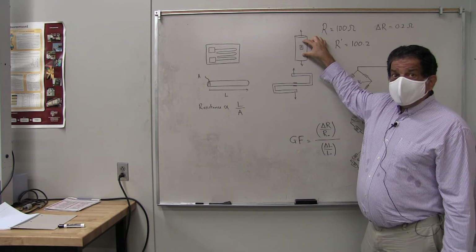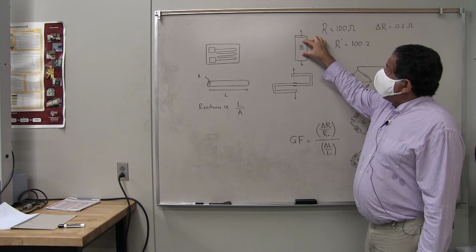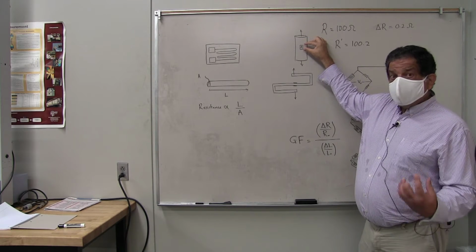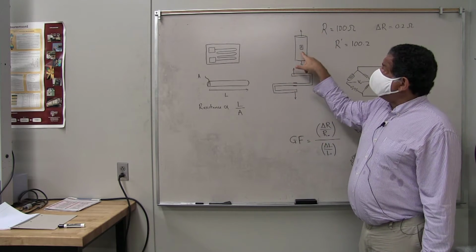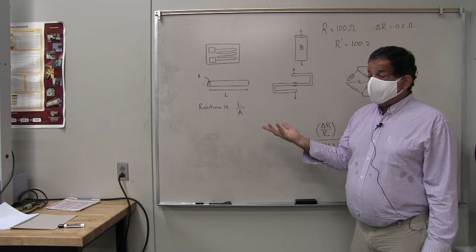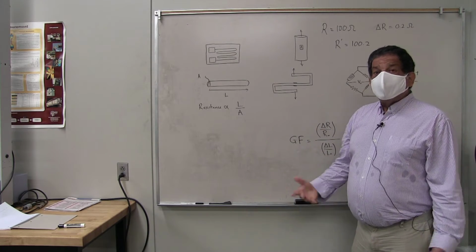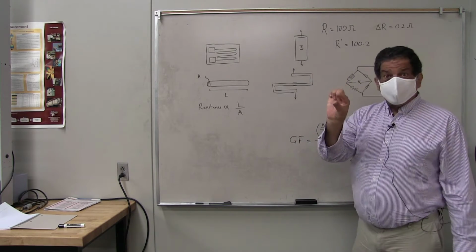If you do that, you're going to have a very small change in resistance, because most materials that you would be mounting this strain gauge to, including metals and ceramics, have very small elastic ranges, right?